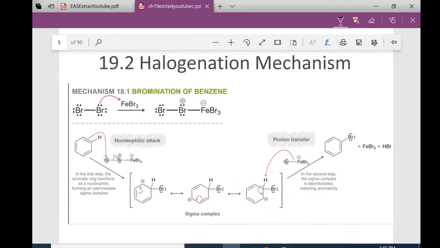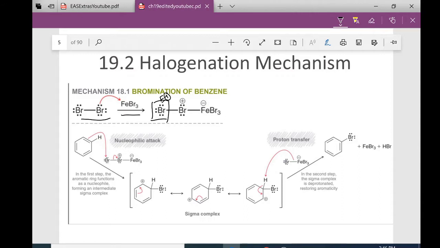So the overall mechanism is the same for all of these reactions. We're going to start with something that is strongly electrophilic. So here we have Br2. We're going to use a FeBr3 catalyst in order to create this electrophilic species where one of these bromines basically acts as a carbocation, or like a carbocation would, as an electrophile with a full positive charge.